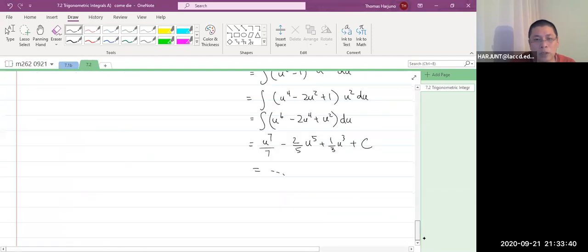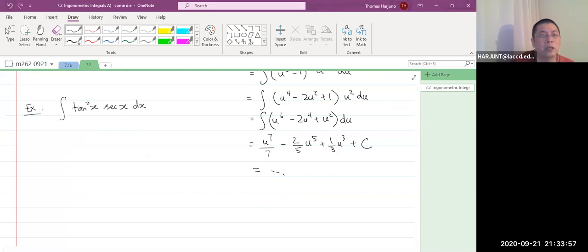We are about to do something that I myself get scared when I try. What happens if we have the integral of tangent squared x and then secant x dx, for example? Or basically, if this is even, let me change this to even, and this one is odd.